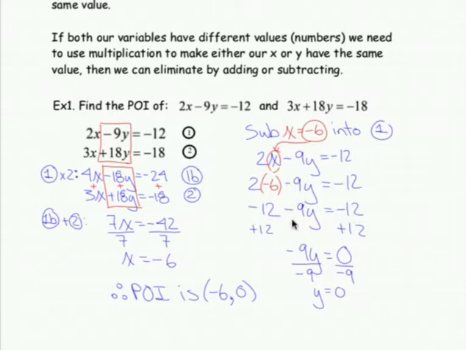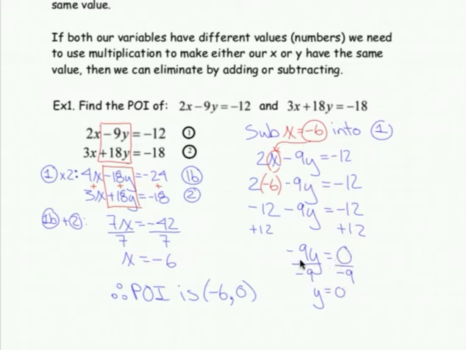So we're going to try and get this by itself because we want to figure out what y is, so we have to get rid of the 12 on this side. So we're going to plus 12 on both sides. So we get negative 9y on this side and 0 on the other.